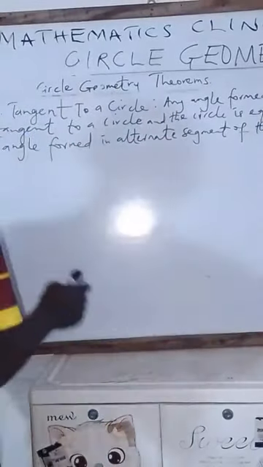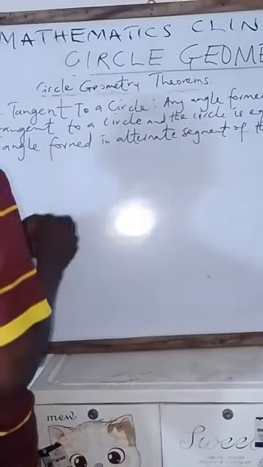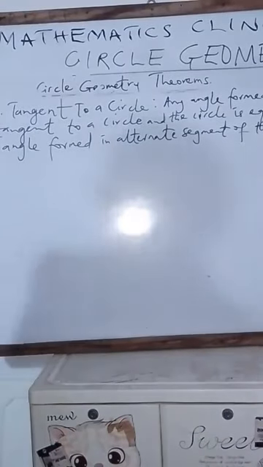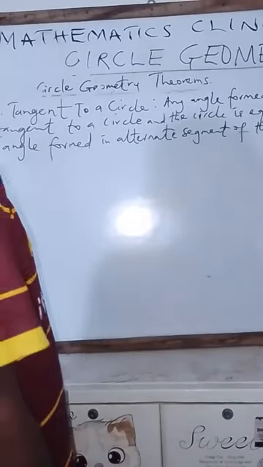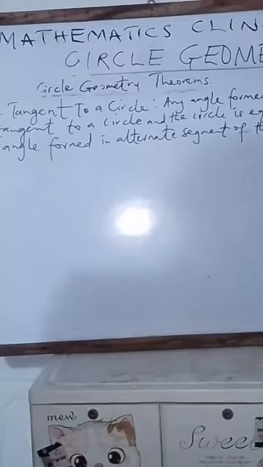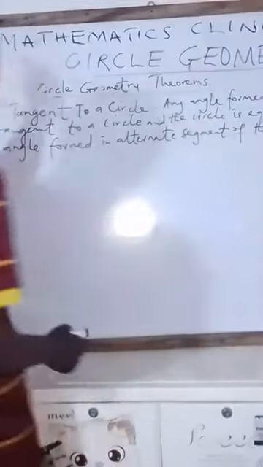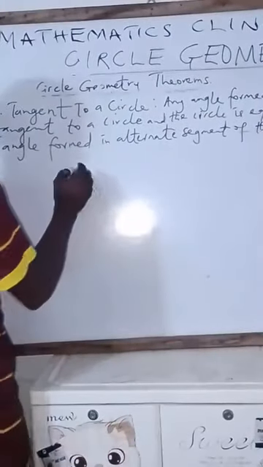That is theorem number 6. Any angle formed between a tangent to a circle and the circle is equal to any angle formed in alternate segments in the circle.